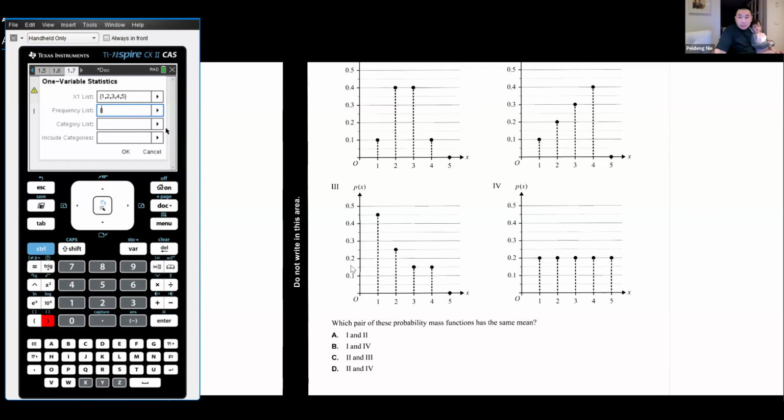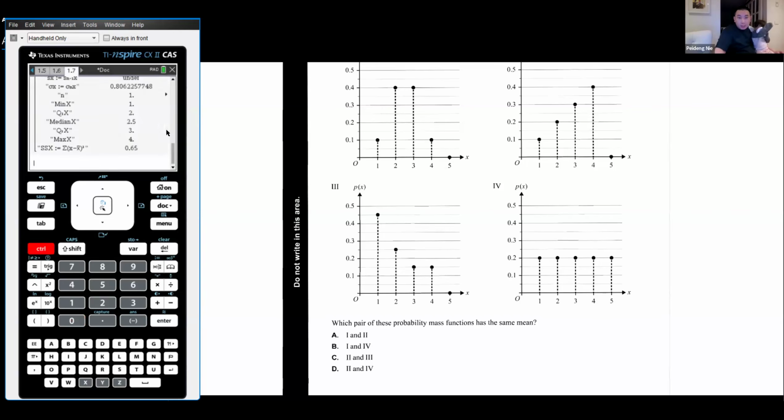For example, the first one is 0.1, comma, 0.4, 0.4, 0.1, and the last number must be 0. Notice there is a dot here representing a 0 probability, okay? And then press OK, Control Enter. Now you can see the expected value is represented by x bar, which is 2.5, okay?